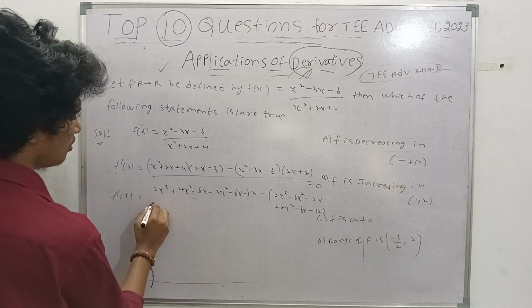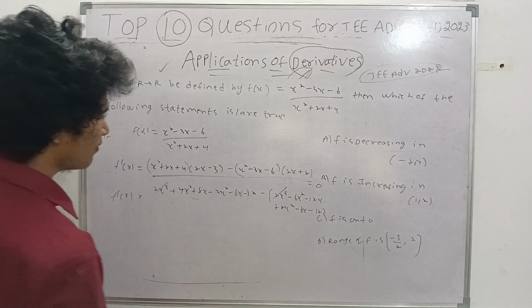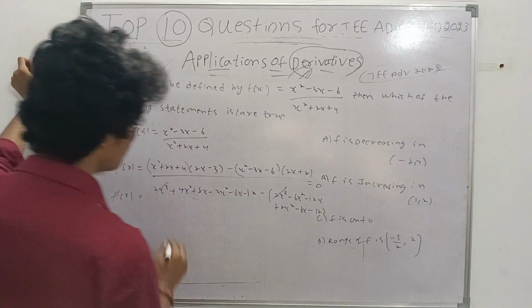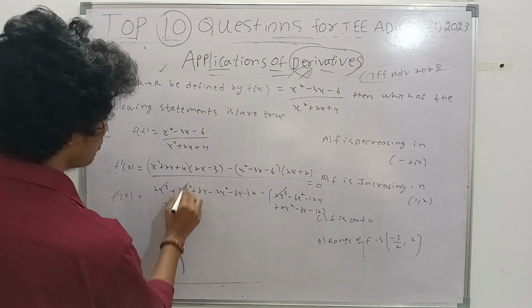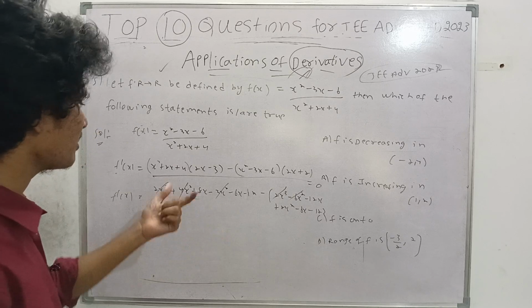Now if we solve, it is 2x cube and here it is 2x cube, both are cancelled. Here it is 4x square minus 3x square, it is x square. And here it is 8x, here minus 6x, it will be 2x.